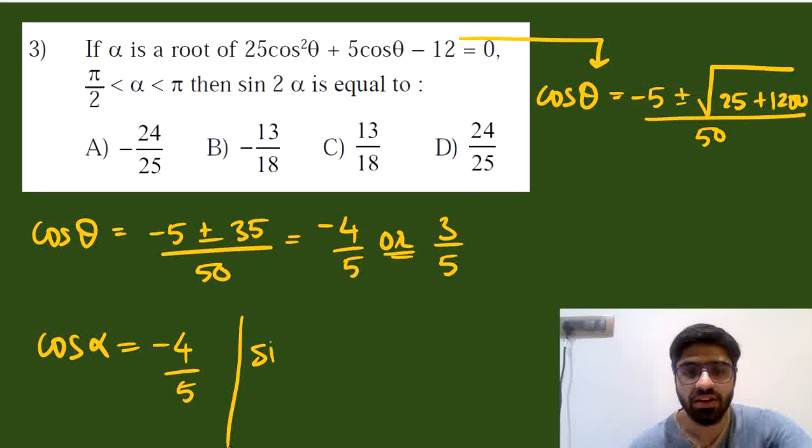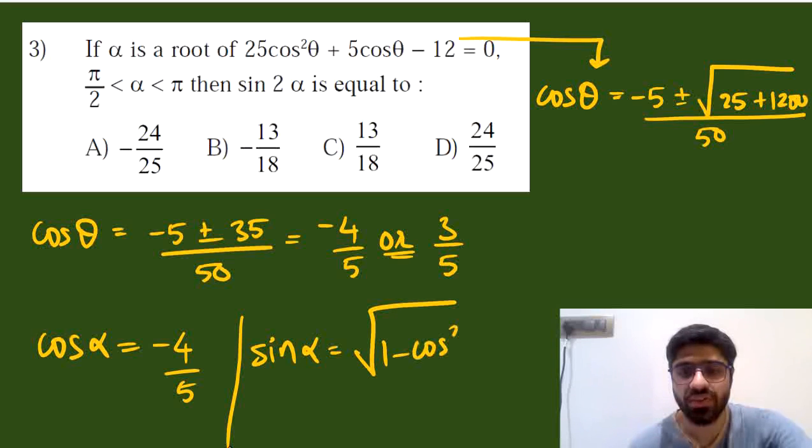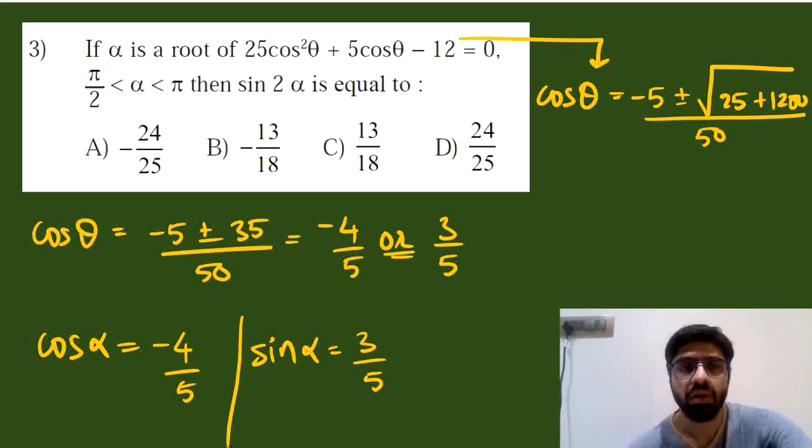You can find sin alpha by root over 1 minus cos square alpha. 1 minus cos square alpha is 1 minus 16 by 25. That would be 9 upon 25, and root of it will be 3 upon 5. Now whether to take plus or minus, that depends upon the quadrant. In the second quadrant, sine will be positive. I mean alpha is in the second quadrant.